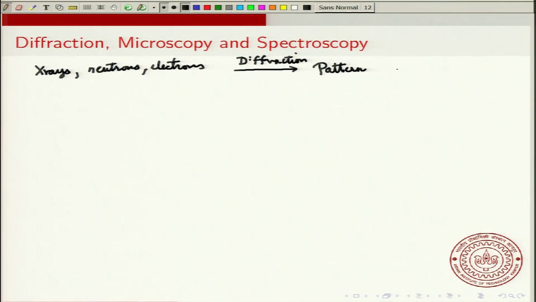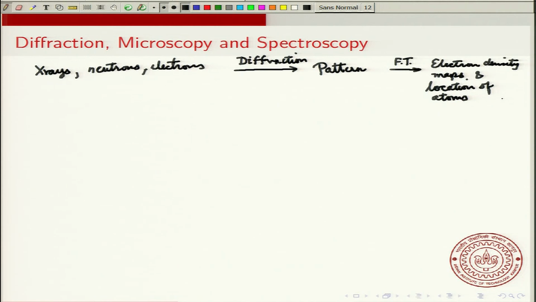When we were doing the electron density maps, we saw that you can do a Fourier transform of this to get the electron density maps and the location of atoms. So, in some sense the diffraction pattern is in Fourier space, and you take a Fourier transform and you get into real space. So, this is diffraction.